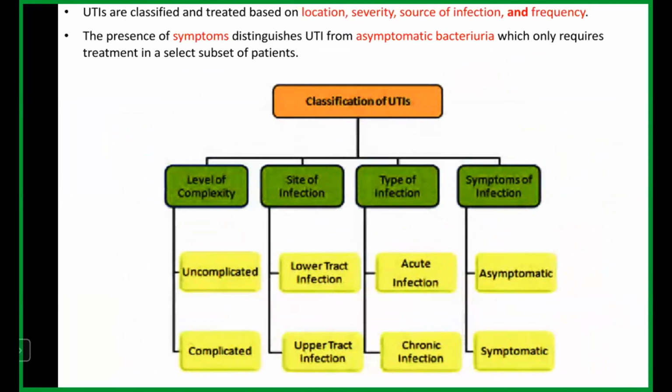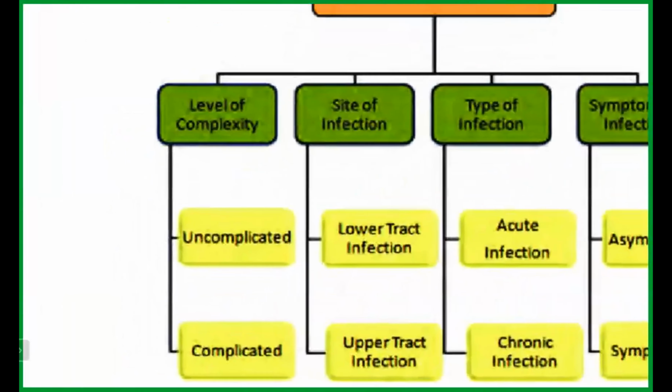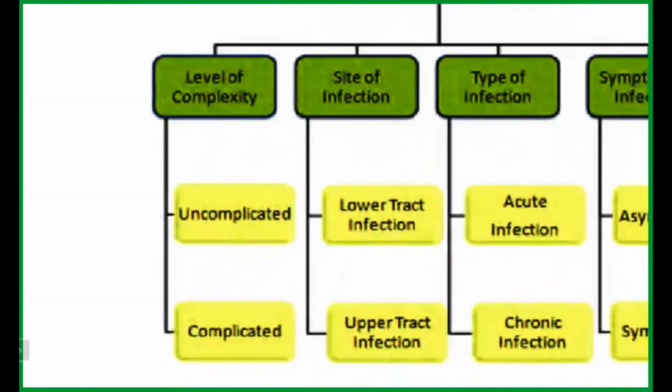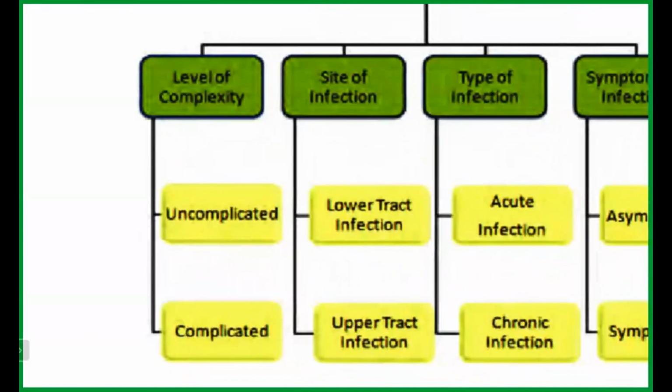In the classification, we have the level of complexity: uncomplicated and complicated. If you remember, I said pregnant women, men, and people with high risk factors could have a complicated infection.